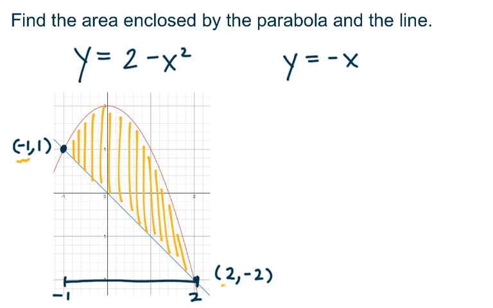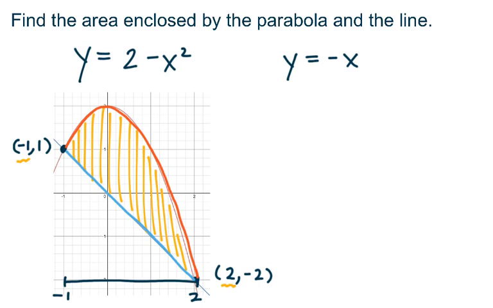So I'm going to use those as my bounds of integration. You'll notice the parabola is the upper function, and the line is the lower function. So remember, when we set this up, we're going to have above minus below.